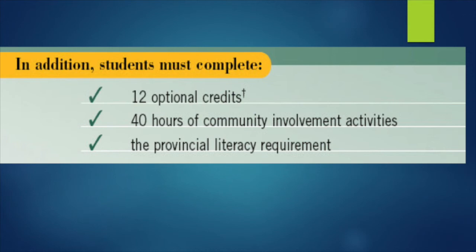You need to complete 40 hours of Christian service to get your graduation diploma, and you will also have to meet the provincial literacy requirement. So Mrs. Ottolino is going to be speaking to the grade 10s about this in a short while, about how this will work this year, because we're not writing the literacy test in the normal manner that we would.